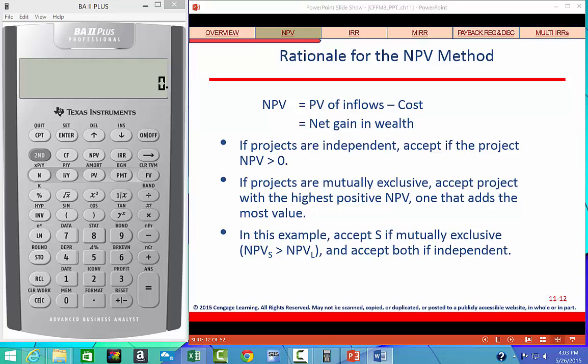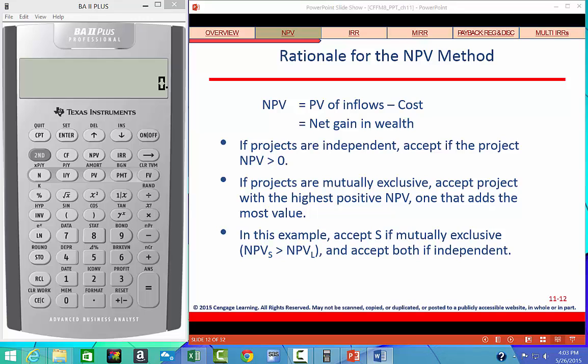And then they still have $18.78 left over on a present value basis. This $18.78, or it's probably in millions, this excess present value belongs to the shareholders. The debt holders' claims are fixed, so the shareholders' wealth will be increased by 18.78 if Project L is accepted.